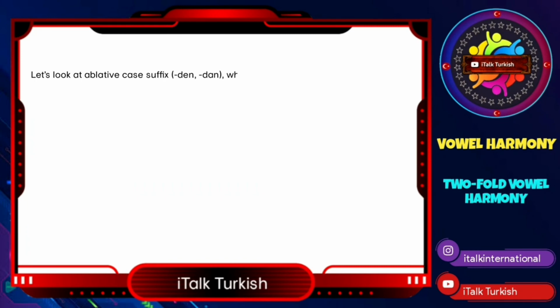Let's look at the examples about the ablative case suffix. Ablative case shows where we left and where we came from. In English, it means from, such as from Turkey, from England, from Indonesia, and so on.